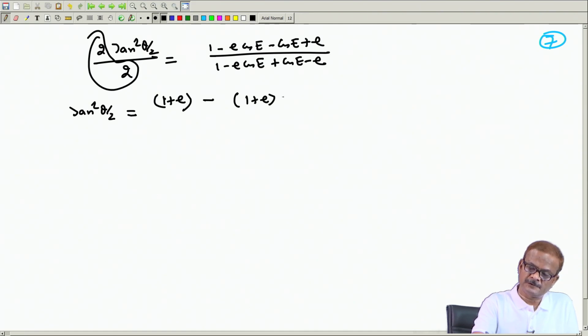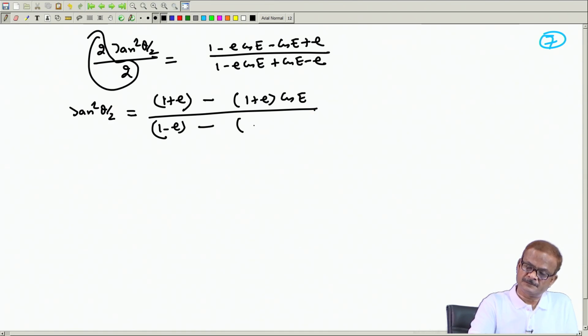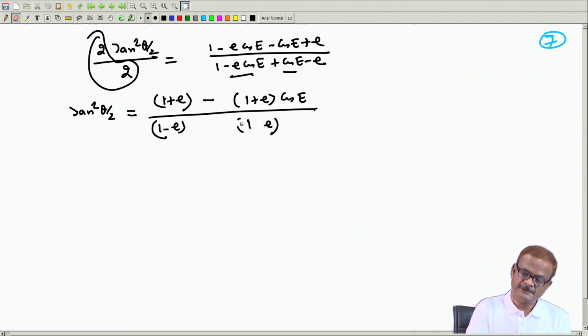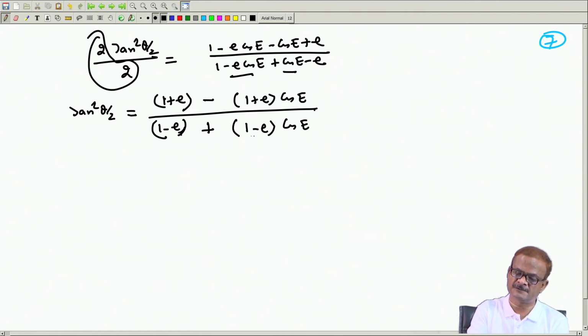So, this becomes 1 plus E cos E, and similarly in this place this is minus 1 minus E, and in this place we get 1 plus E, this is 1 minus E. Depending on the minus or plus sign outside, the sign will change, but we want to put it in the same format.